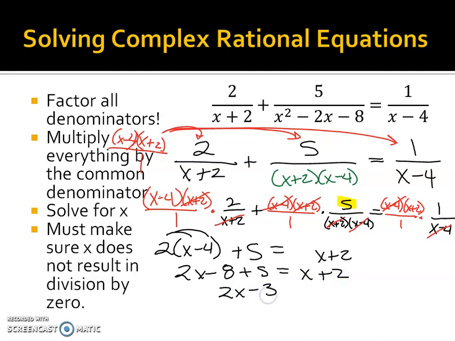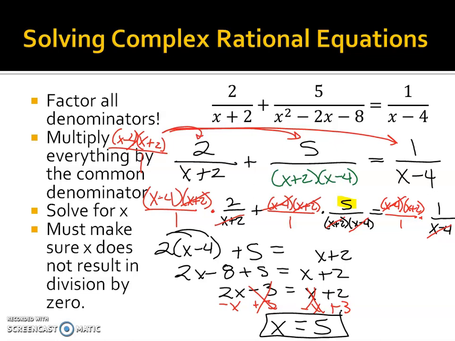That gives me a 2x minus 3, because a negative 8 plus 5 gives me a negative 3, equals x plus 2. I could subtract x, so that would cancel that there. That would mean that I would need to add 3 to get rid of that, add 3, and I end up with x equals 5. So my x value for this equals 5.